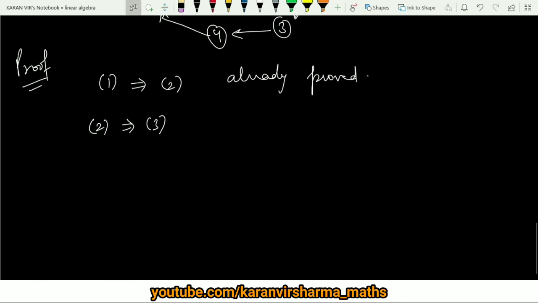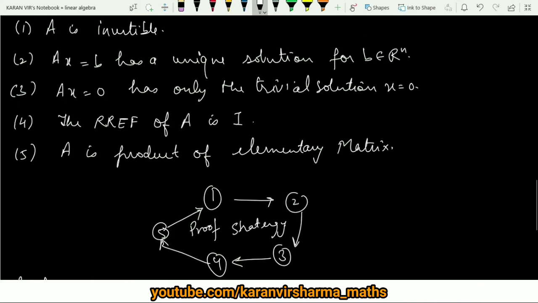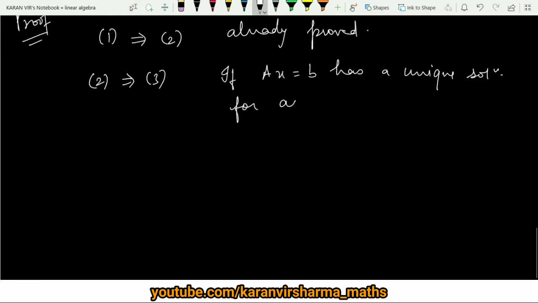So if Ax equals b has a unique solution for any b, just look at the statement again, for any b, in particular it will also hold for 0. So Ax equals 0 has a unique solution.